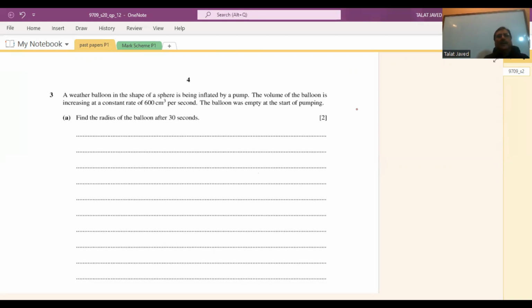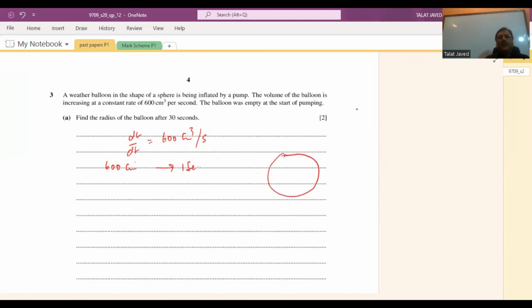The volume of the balloon increases at a constant rate, so dV over dt is 600 centimeter cube per second. It means its volume increases by 600 centimeter cube in 1 second.